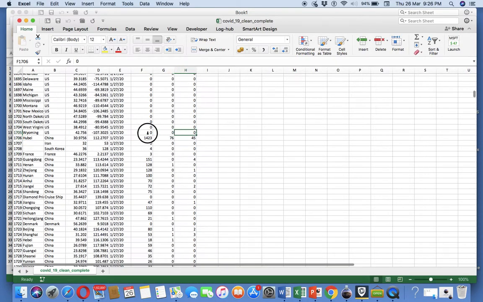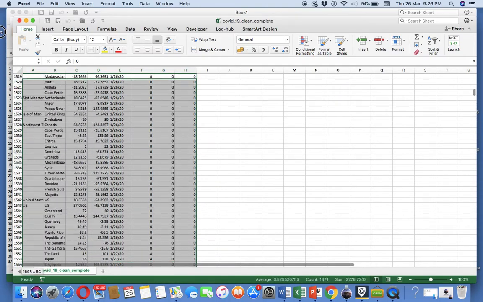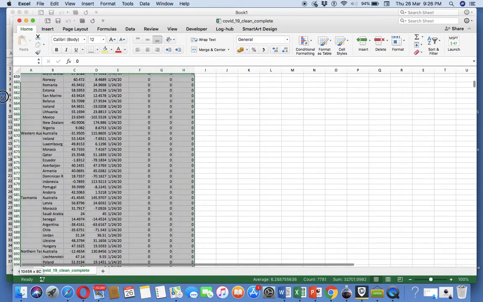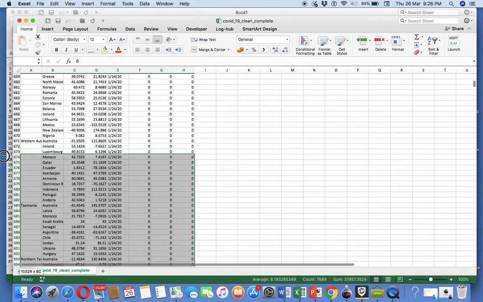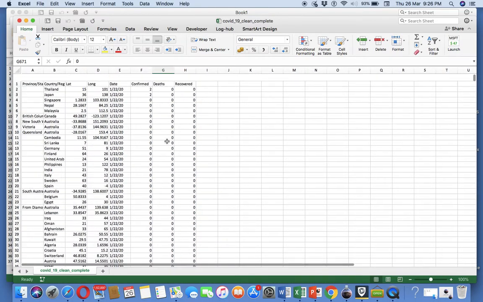Before that, the data is virtually not very important, because all these values are zeros. There are some deaths. Okay, we'll not disturb the data. So this is a random variable.